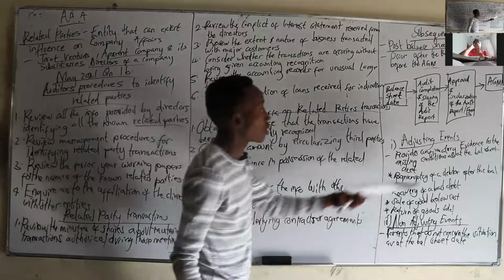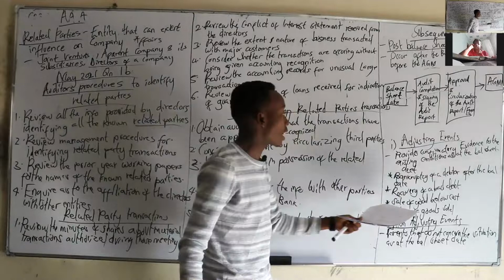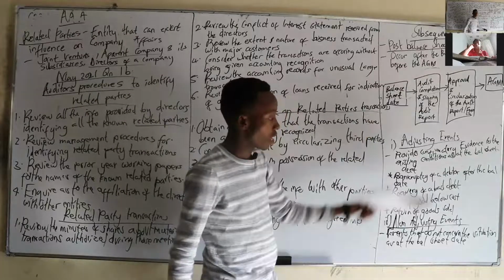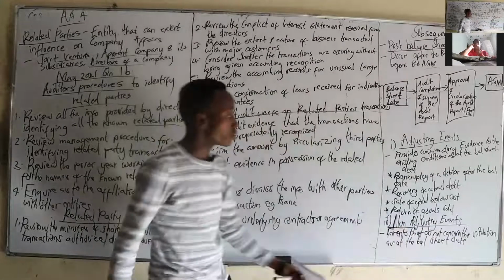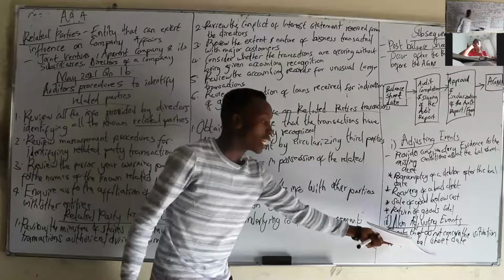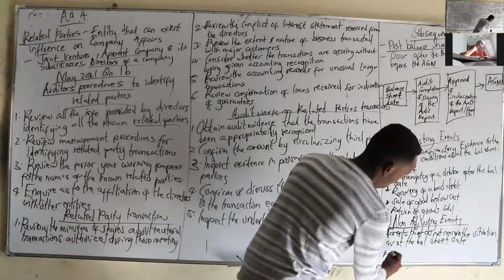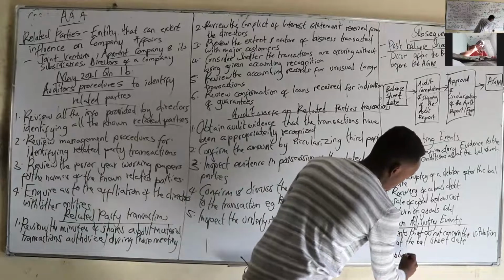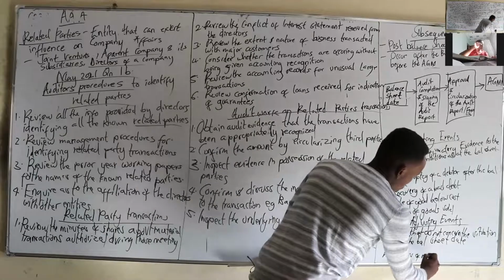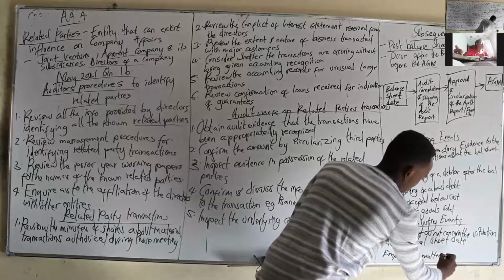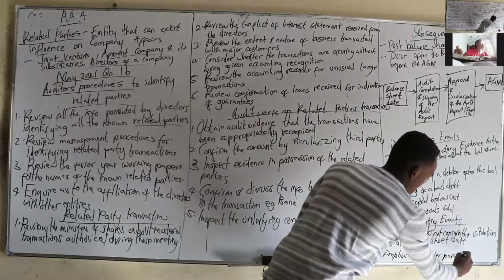Now, for the adjusting events, we make adjustments to the financial statements. For non-adjusting events, mostly we will highlight them as a disclosure in what we call the emphasis of matter paragraph. What emphasis of matter paragraph means, we're going to look at under the auditor's report.